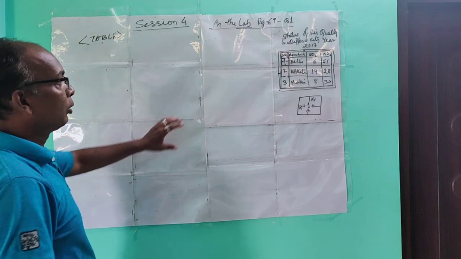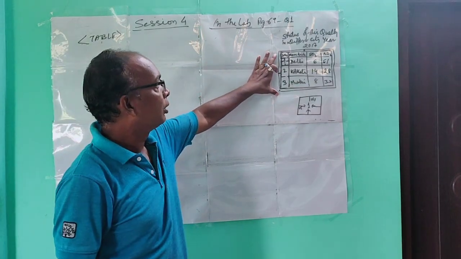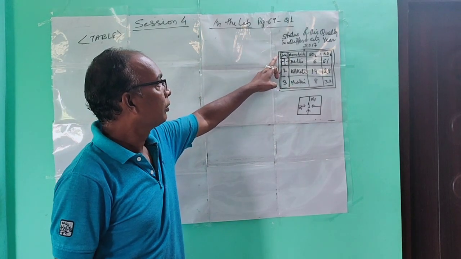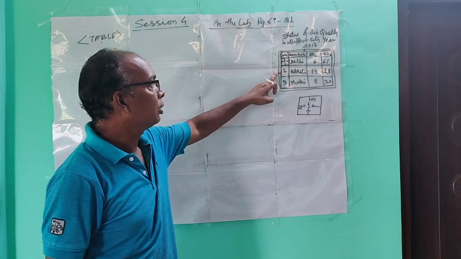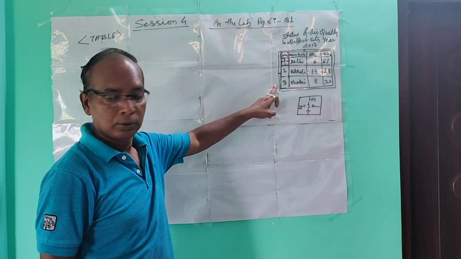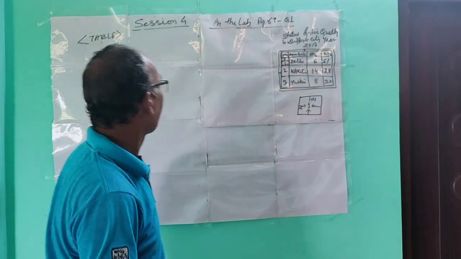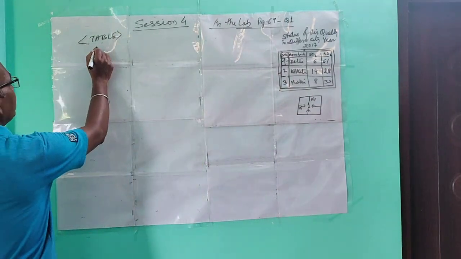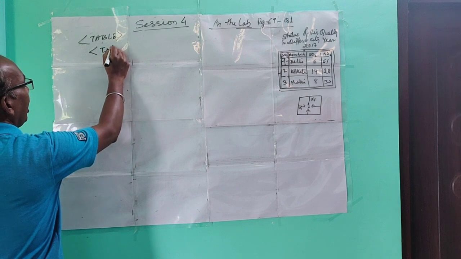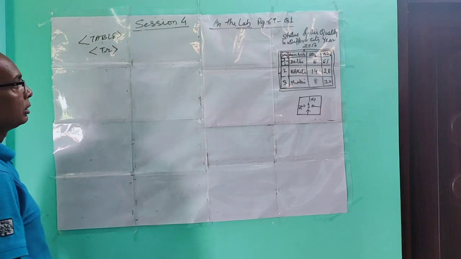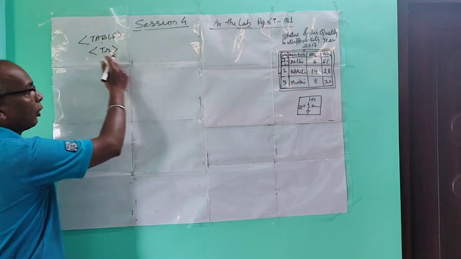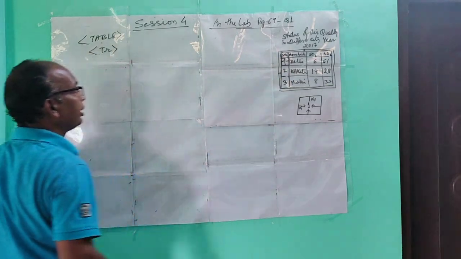Now look at the table. Here, how many rows are there? First row, second row, third row, and fourth row. For the first row, we have to use TR. TR is used for creating a row in a table.